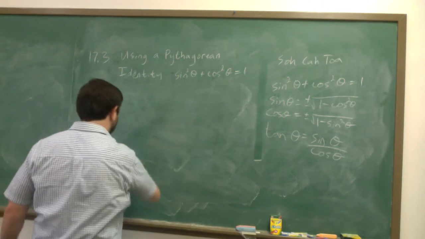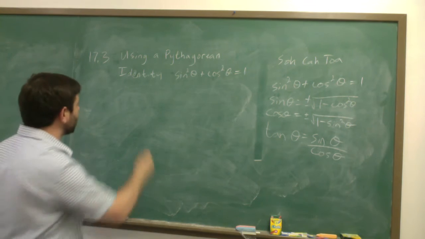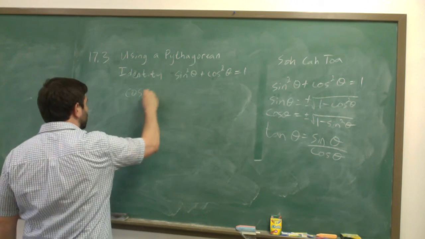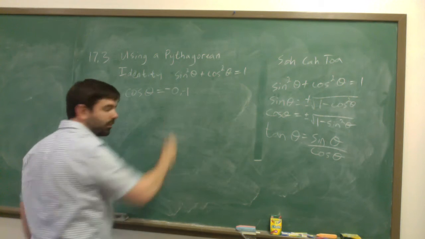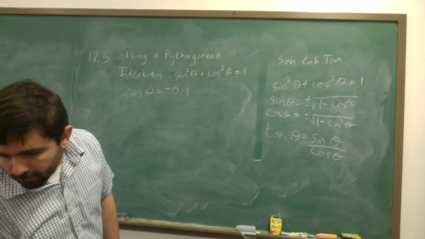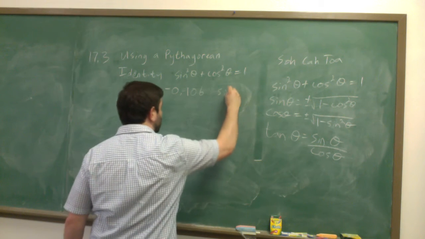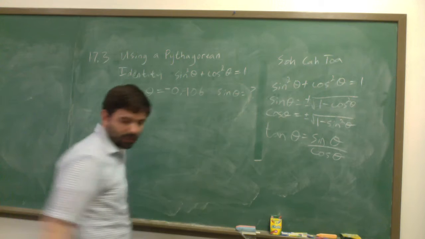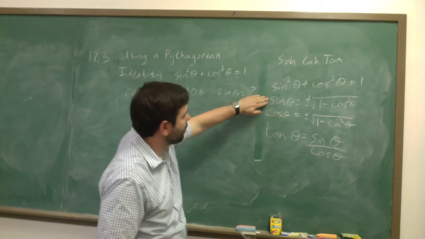Okay, let's do another one like that. If cosine theta equals negative 0.906, find the sine of theta. Find the sine, so I'm going to use this one over here.